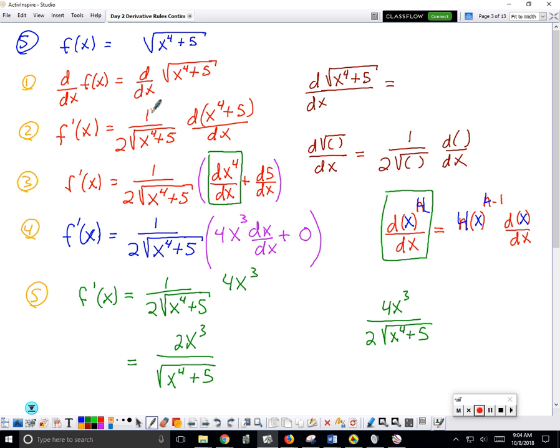So 5 says the function is square root of x to the 4th plus 5. Write that down. The first step is always the same. Take the derivative of both sides.